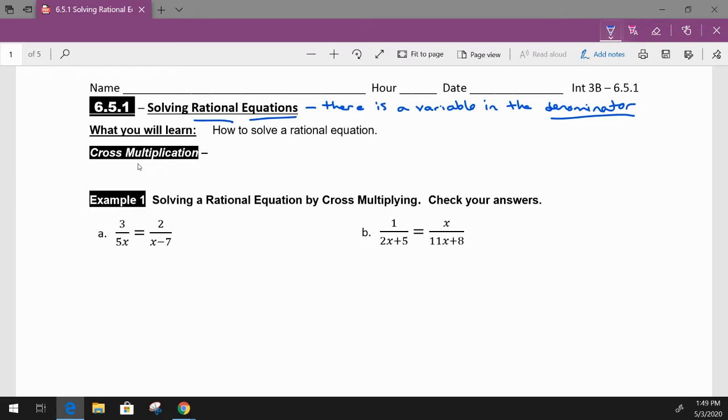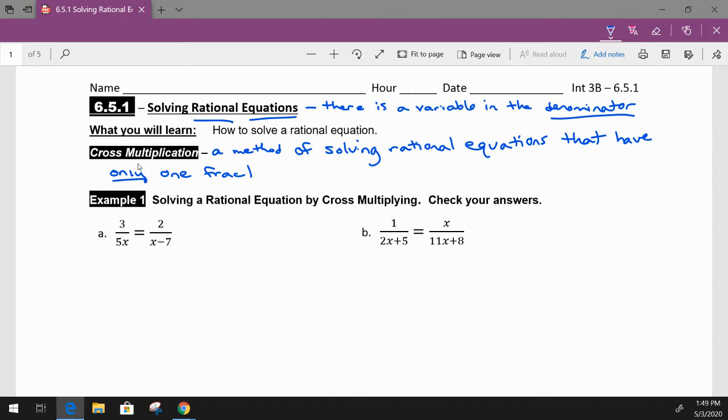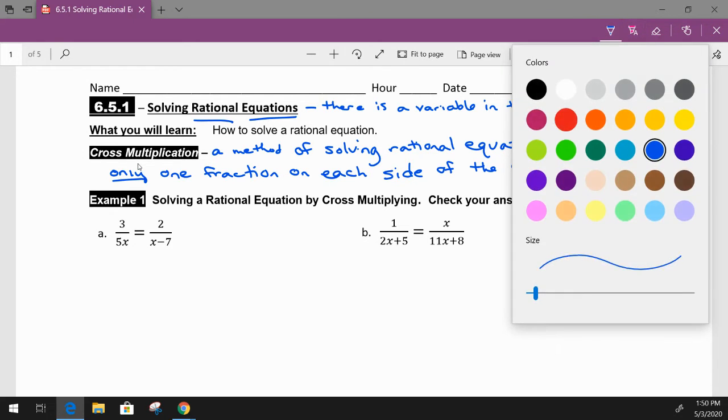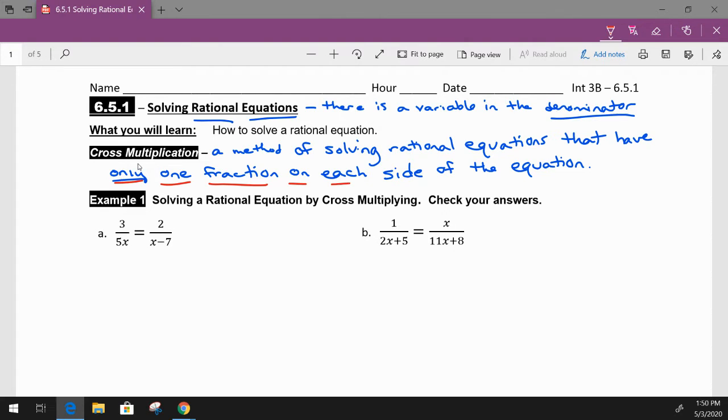So cross multiplication basically is a method of solving rational equations that have, and this is very important, one and only one fraction on each side of the equation.